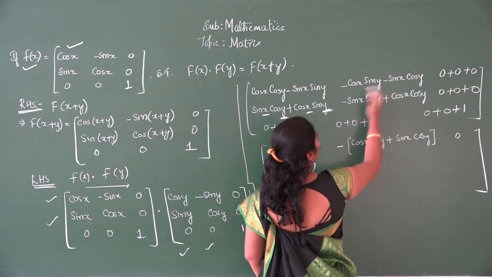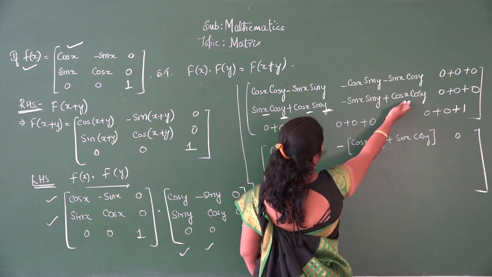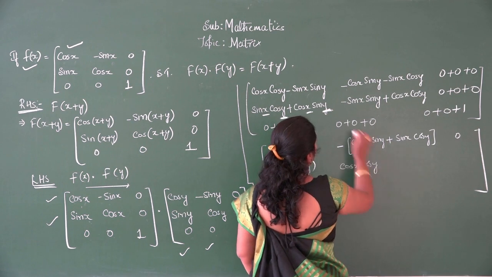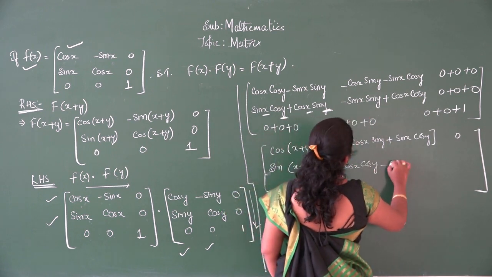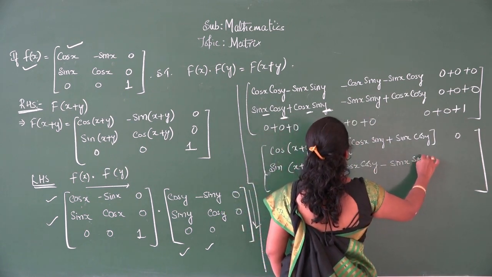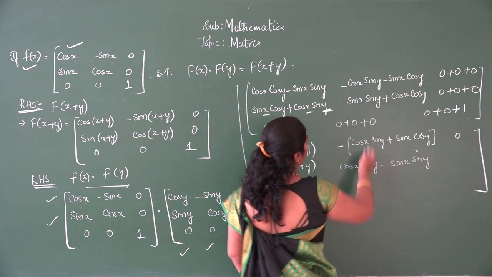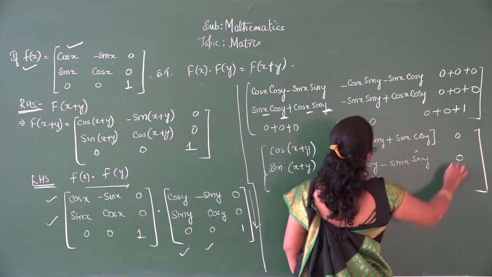You are just interchanging the terms. Cos x cos y is positive, so I will write cos x cos y. Minus sin x sin y stays as minus sin x sin y. The third term will sum up to 0.